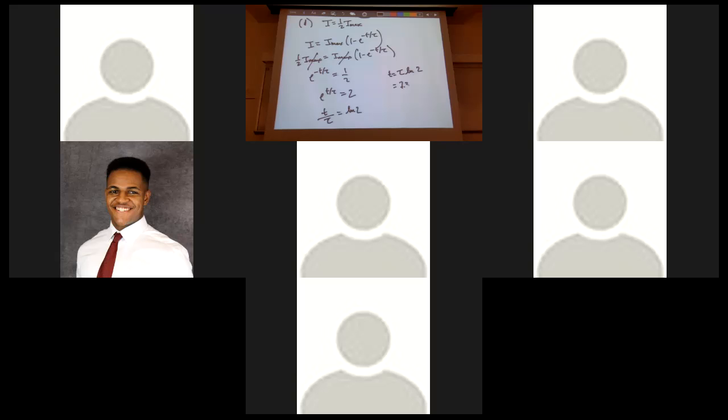So that's 7.3 milliseconds times the natural log of 2. Plug in the numbers. Natural log of 2 is... I'm too old to remember these things. So this works out to be, once I find it, about 5 milliseconds. So this is the time it takes for this thing to reach half the maximum current.